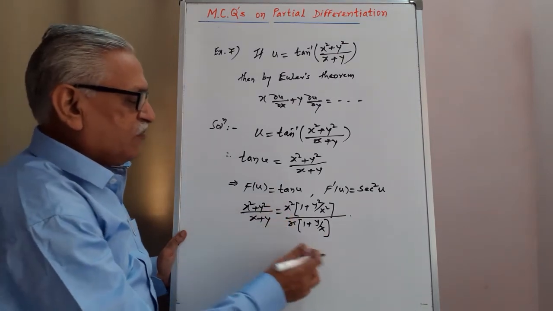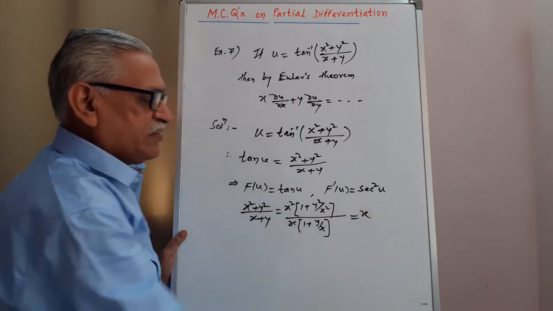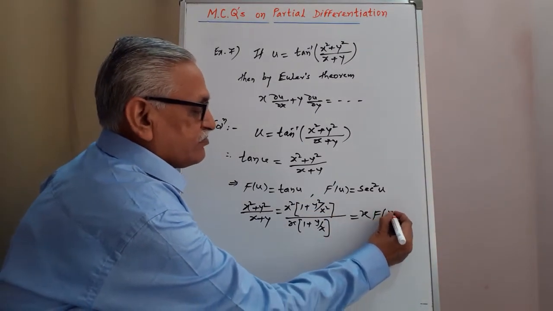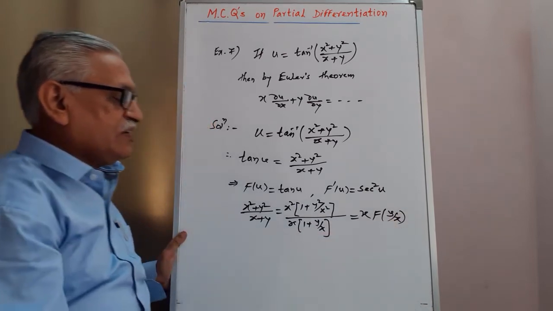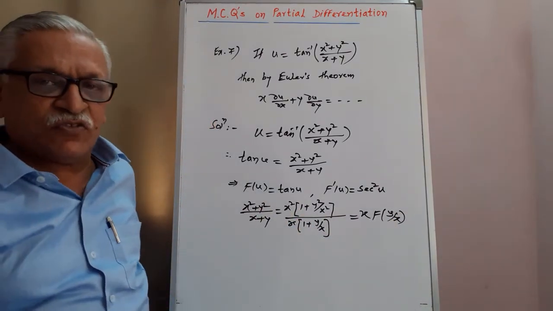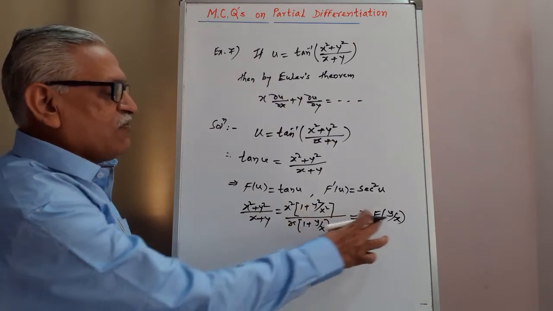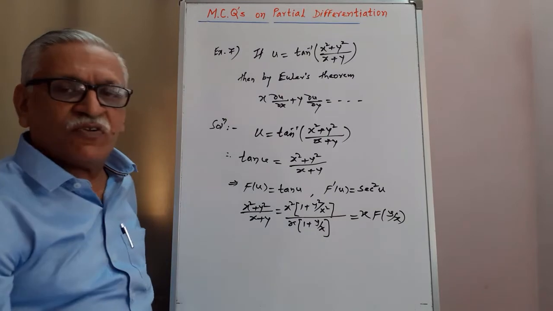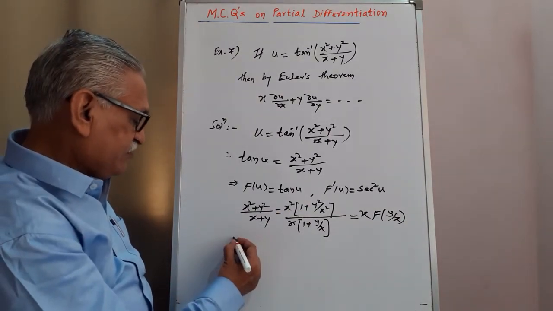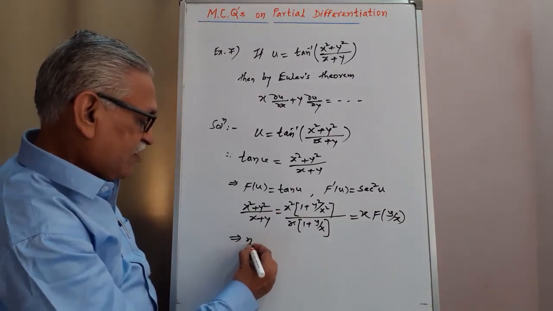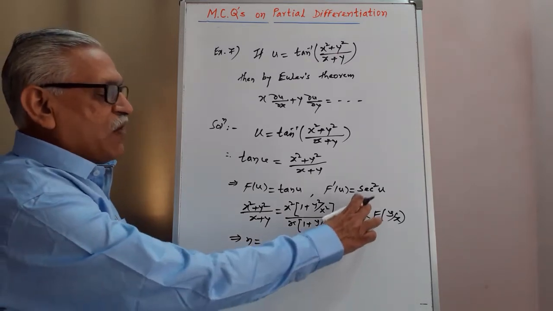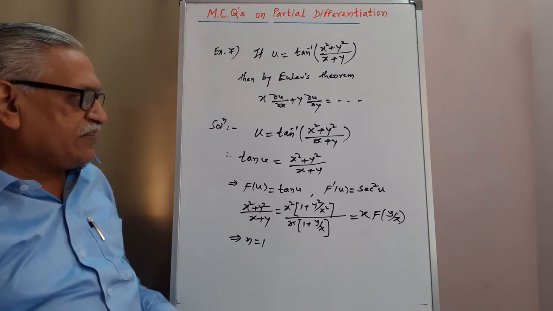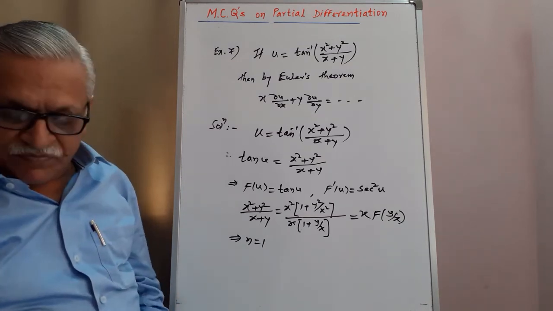Simplifying it, one x gets cancelled, therefore we get x remaining, and the remaining terms are a function of y by x, as 1 is nothing but y by x to the power 0. Therefore, every term is in the form of y by x, and in short, we can call it a function of y by x. It implies n is the power of that x, and here that power is 1, and therefore we get the value of n as 1.